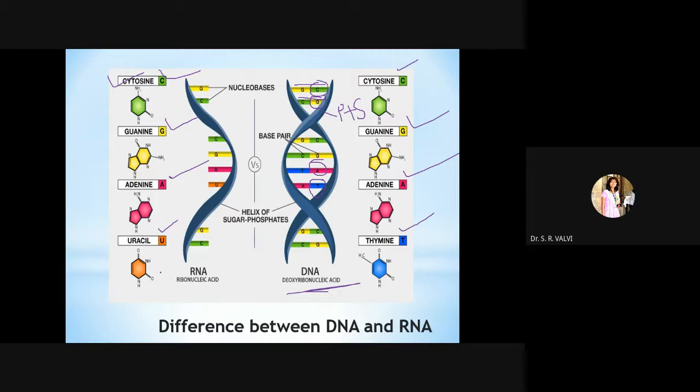No thymine is present in RNA. This is the main difference you have to remember: uracil is one of the nitrogen bases and it is present only in RNA.